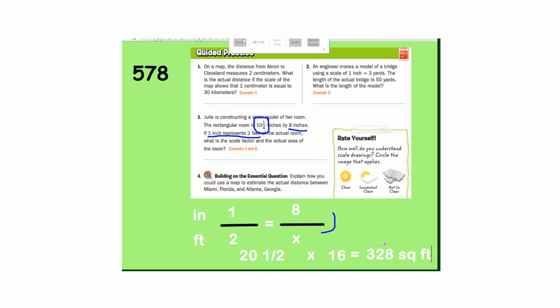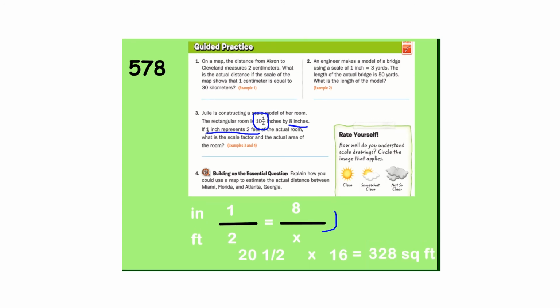And the next part of the question, it says, what is the scale factor? So you have to get the labels the same, turn them both to inches or both to feet, and then we need the 1. So it's already almost done here for you on this one because we have this part here. Let me get a red. Okay, so we have 1 inch is 2 feet.